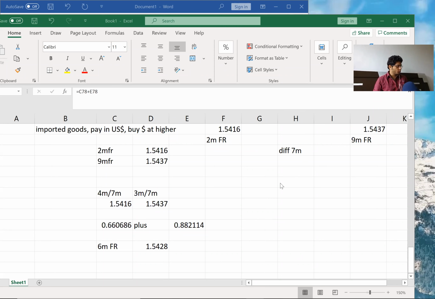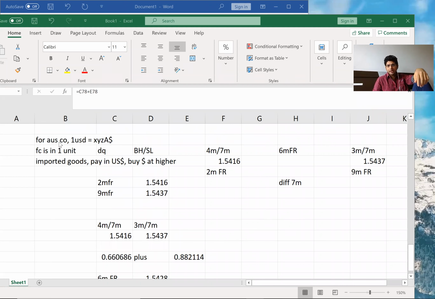I cannot solve this problem with a two-way quote, so I wanted to convert it to a one-way quote. I used my direct quote, indirect quote logic. For an Australian company, the rate was given as 1 USD equal to so and so Australian dollars, so foreign currency was in 1 unit.